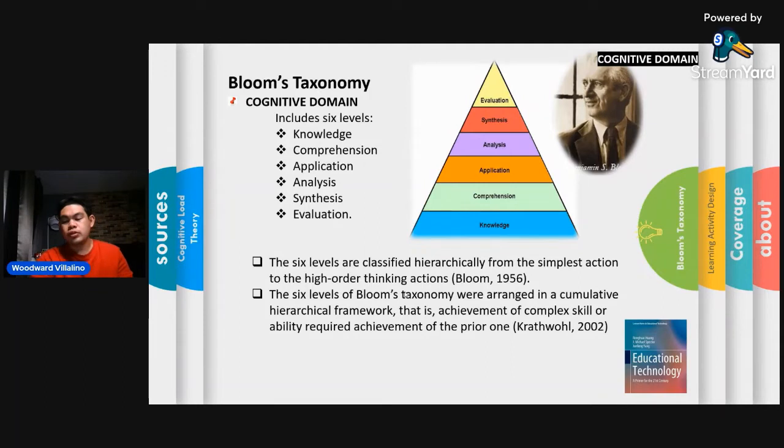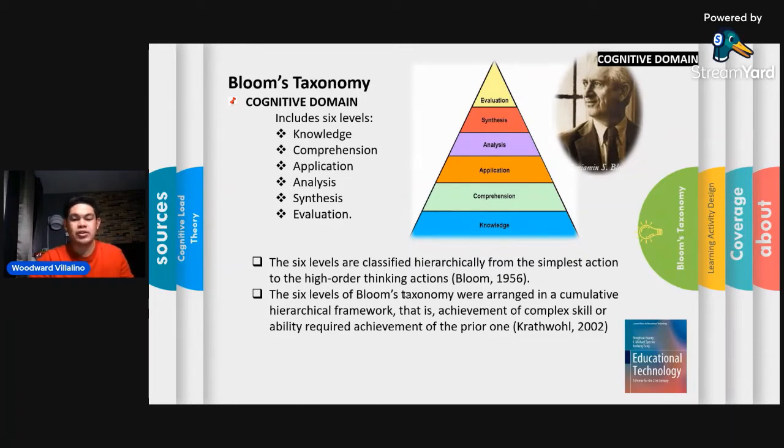Before we proceed to the affective domain, allow me to present different important aspects about the 6 levels. First, we talk about knowledge, which is considered the simplest action.